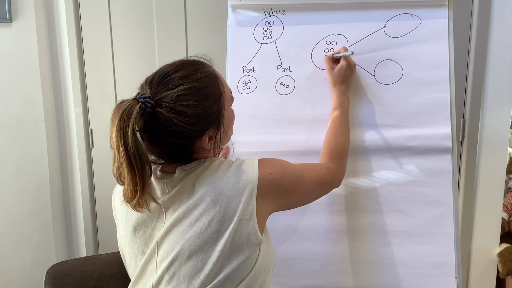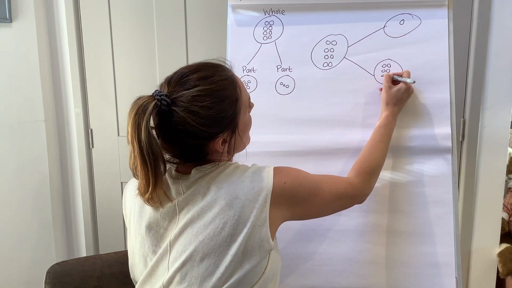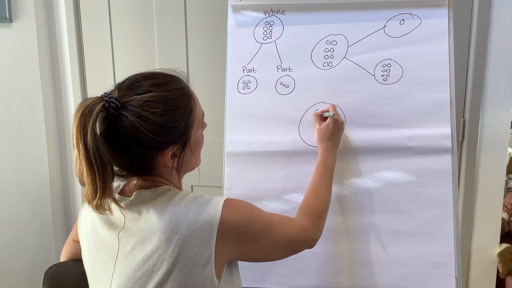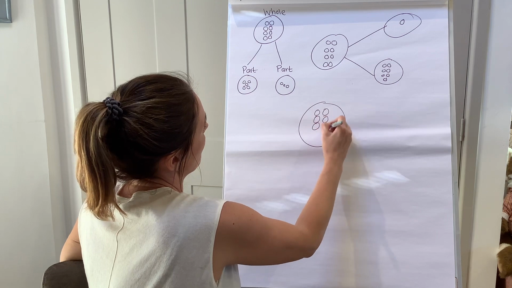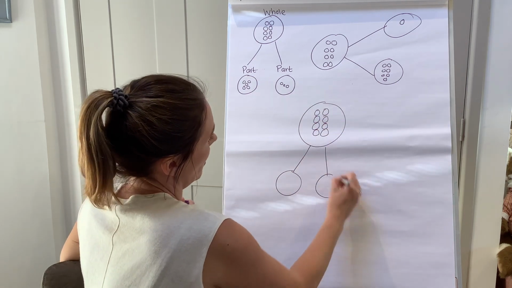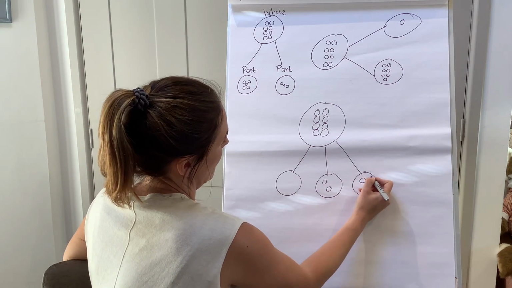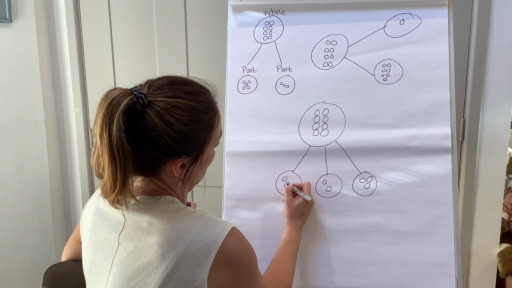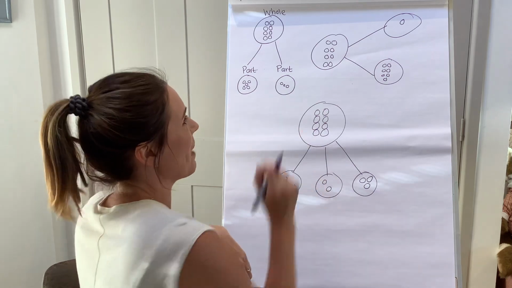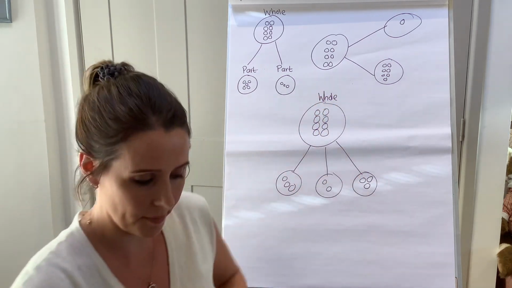You can have it made up of 1 and 7. Or we can have 8 as our whole, and we might have it made up of 3 parts, not equal parts, sorry, 3 parts to make 8 altogether. So this is our whole, these are our parts, okay.